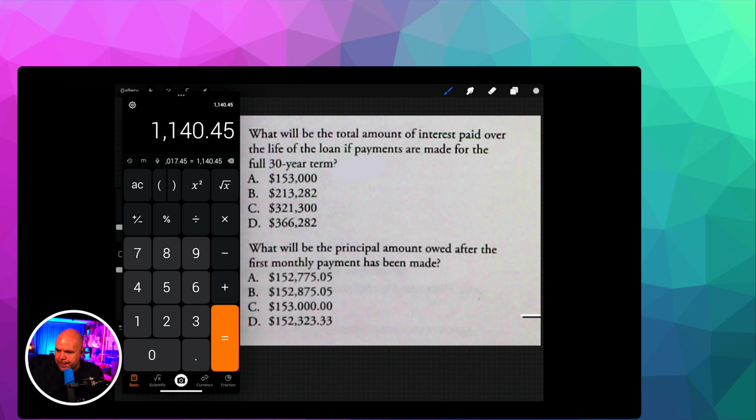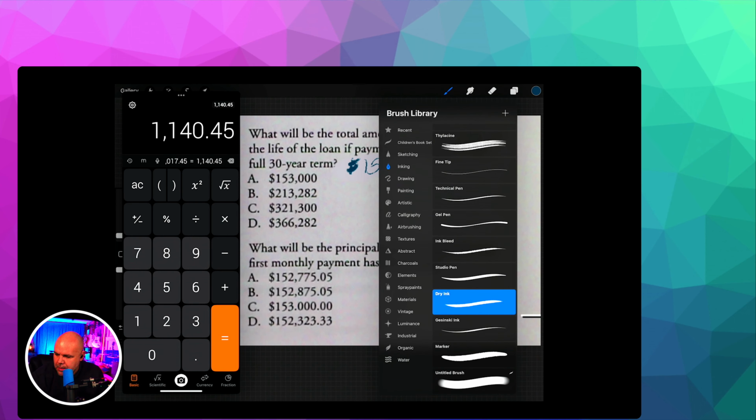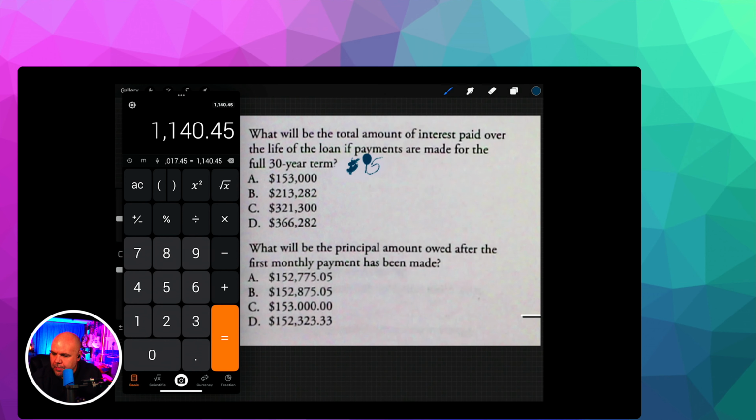Yeah, let's see. So first step, we know our loan amount. That's 153. Sorry for my crappy looking pen. There we go. Maybe that'll look better. My goodness.